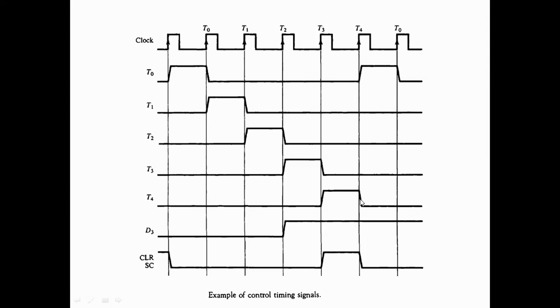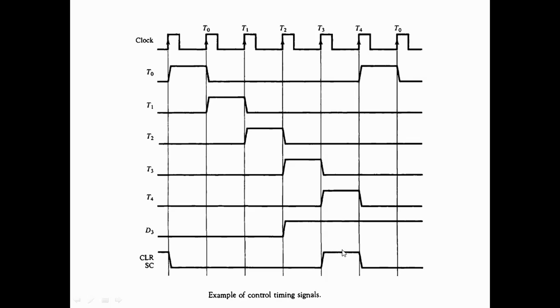But now we don't need to go to T5 because the instruction execution is complete. We should go to T0 now, and again start the execution of the next instruction. So for that, this D3 and T4 at the same time produce a clear sequence counter signal. This will initiate a clearing of the sequence counter, right?